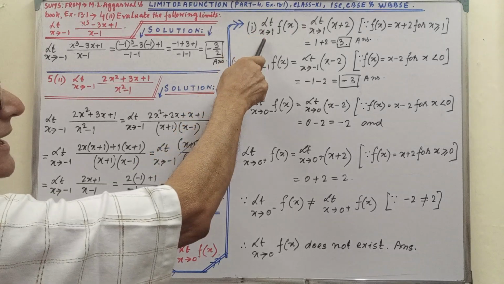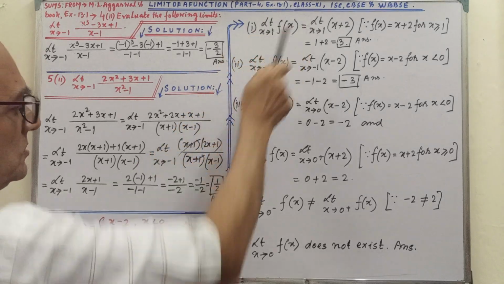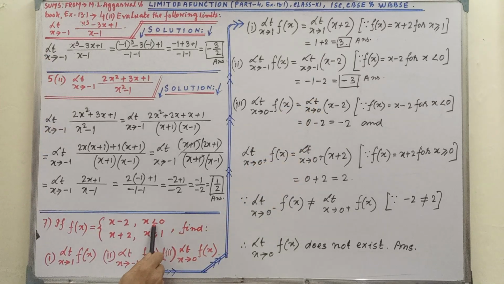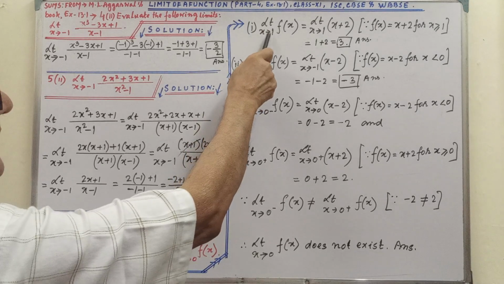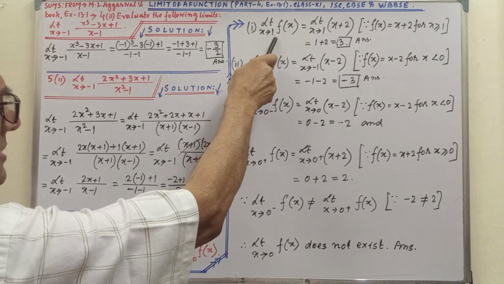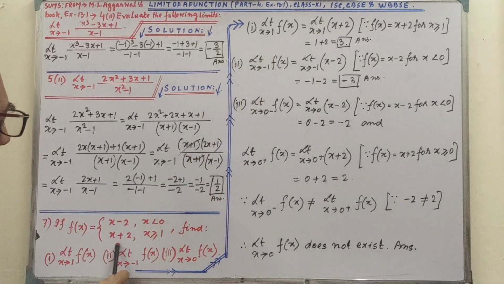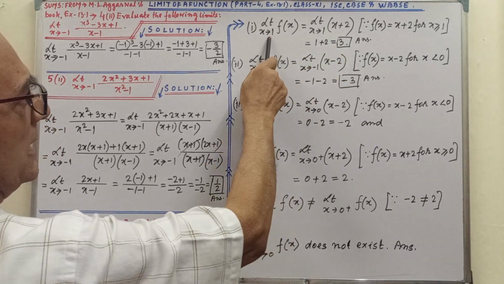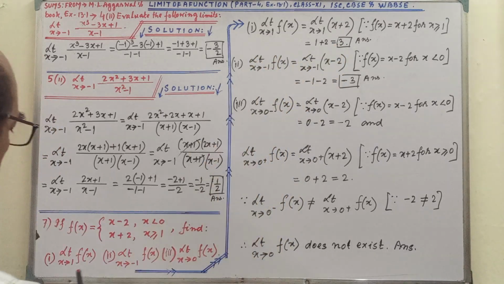Limit x tends to 1, that is fx equal to, here see x less than 0. Certainly if it is less than 0 then it will be minus, but we are taking x equal to 1. This is why we have to take this expression x plus 2. X tends to 1, we have to find out.